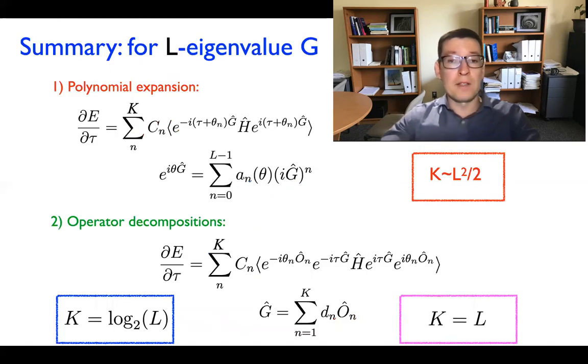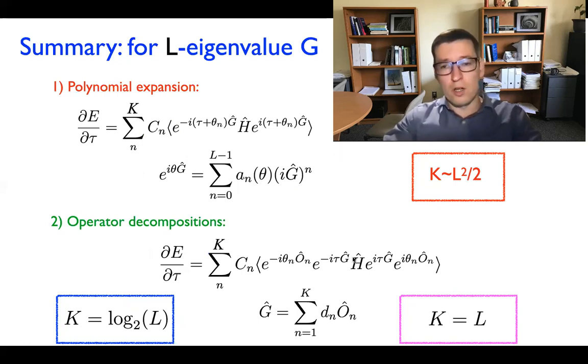All right, to summarize, we looked at general generators with L eigenvalues, and we explored two approaches to formulating gradients for these generators, amplitudes, right? One was the polynomial expansion, where the idea was to present the exponent of the generator as a polynomial, but that approach scales as the square of the number of eigenvalues in the generator, and that is not very efficient.